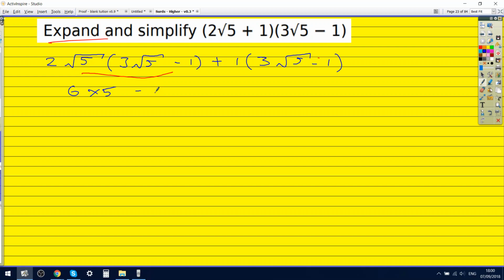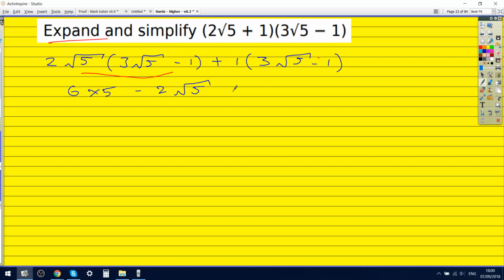No. 2x times 1? Isn't it just the same? Yep. What is 2x times 1? So 2x. 2 root 5 times 1. Two root 5. Yep.